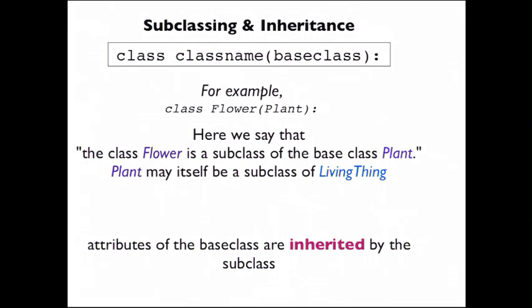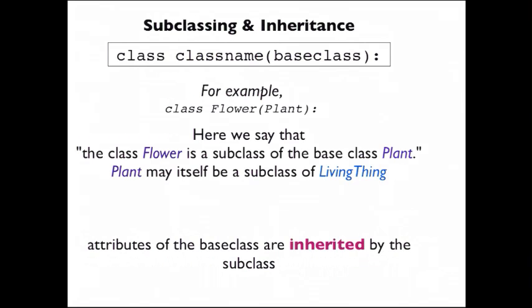Okay. A bit on subclassing and inheritance. The base class of the current class that I'm creating is called this way. For instance, if I'm creating the notion of a flower, that is an obvious subclass of a base class called a plant. So here we would say the class flower is a subclass of the base class plant. The plant itself may be a subclass of living thing.